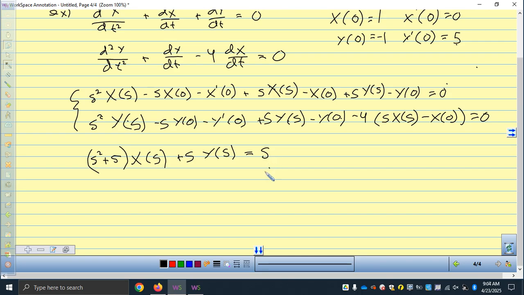My constant here is s, and that comes from here. And then I get s squared plus s y of s minus 4s x of s equals -5. And the -5 comes from this minus y prime of 0.